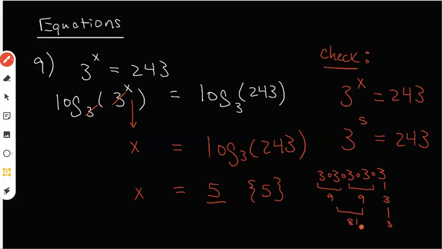Bring down the 3. And then 81 times 3 is going to give me that 243 that I want. So I get 243 is indeed equal to 243. So I get that true statement at the end. That's good. That's how I know that the solution 5 is going to work.